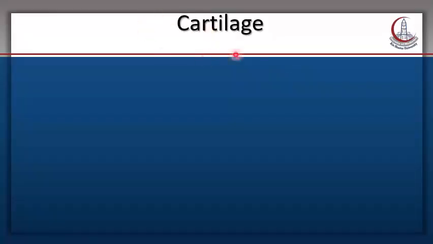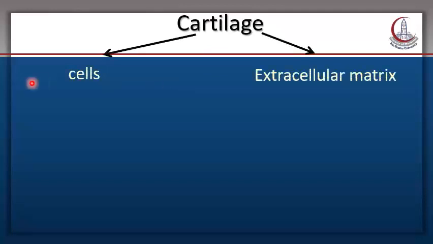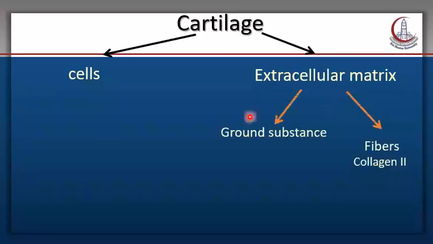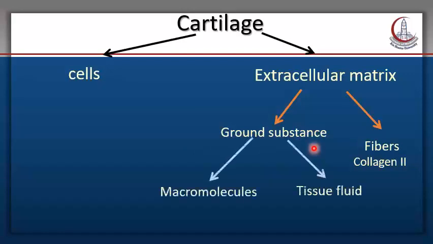As the cartilage is considered a type of connective tissue, it is composed of cells that are separated by a good amount of extracellular matrix. The extracellular matrix includes fibers and ground substance. The ground substance includes macromolecules and tissue fluid. This is the general configuration of any connective tissue.